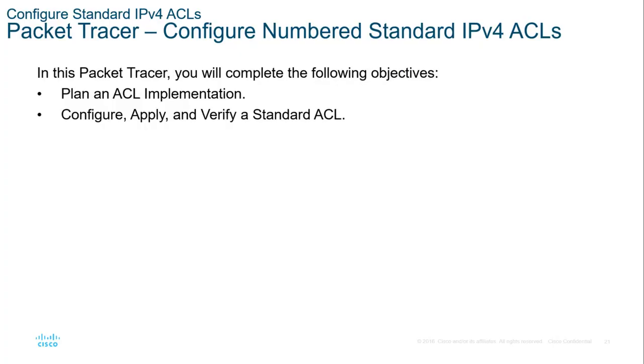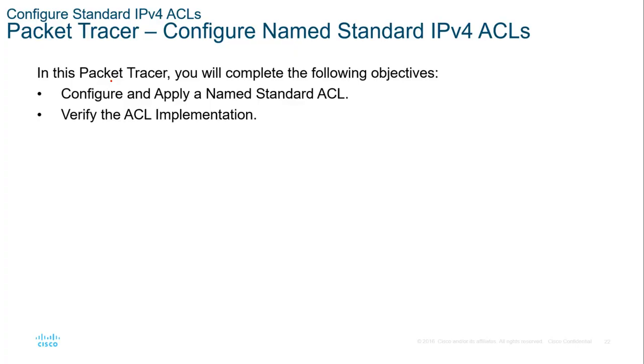So we have Packet Tracer configuring numbered standard IPv4. At the end, you will be able to complete the following: run an access control list implementation, then configure, apply and verify the standard access control list. Still the same, you will complete the following objective in another one: configure and apply the named standard.